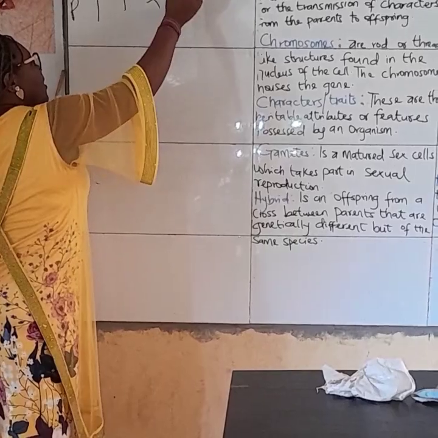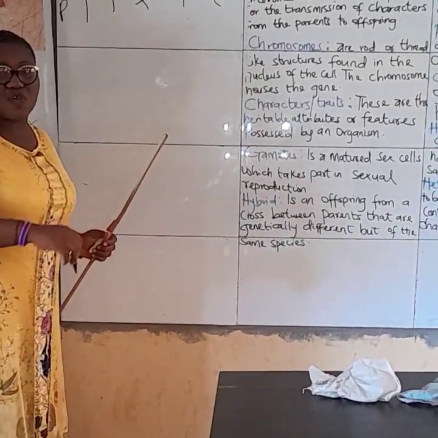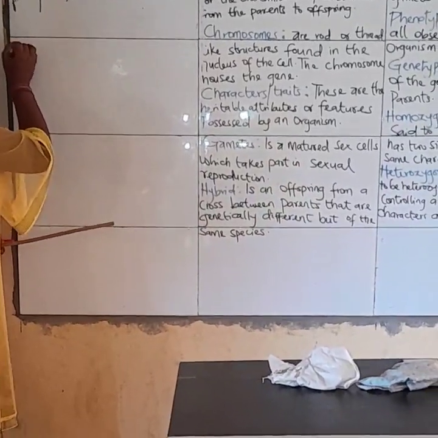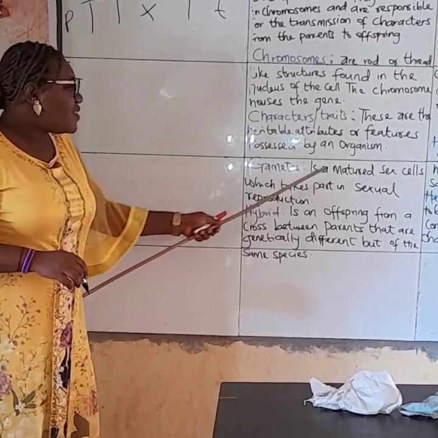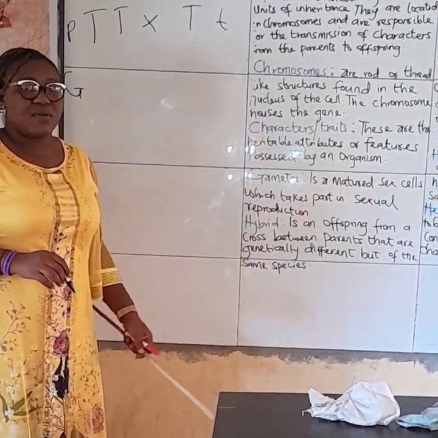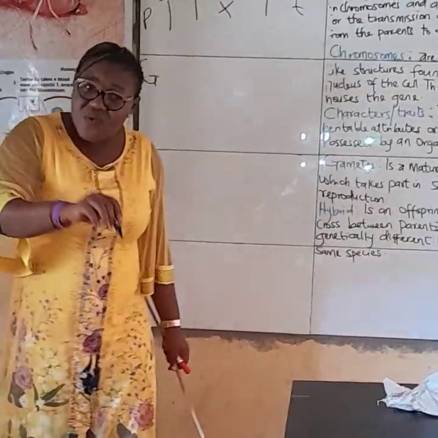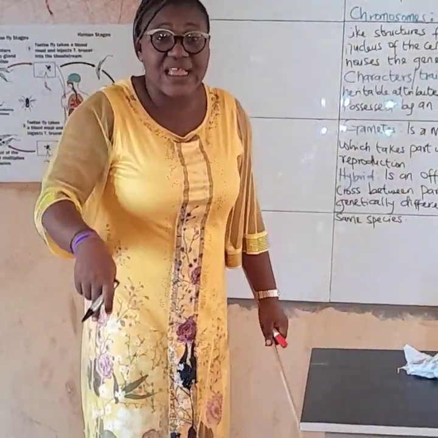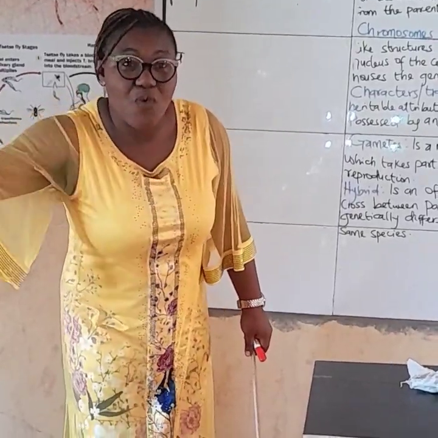This is the heterozygote. For you to cross, you must put the gametes. Remember what I said about gametes. A gamete is a mature cell. And I said that we have two types of gametes, the male gamete, which is the spermatozoa, and the female gamete.